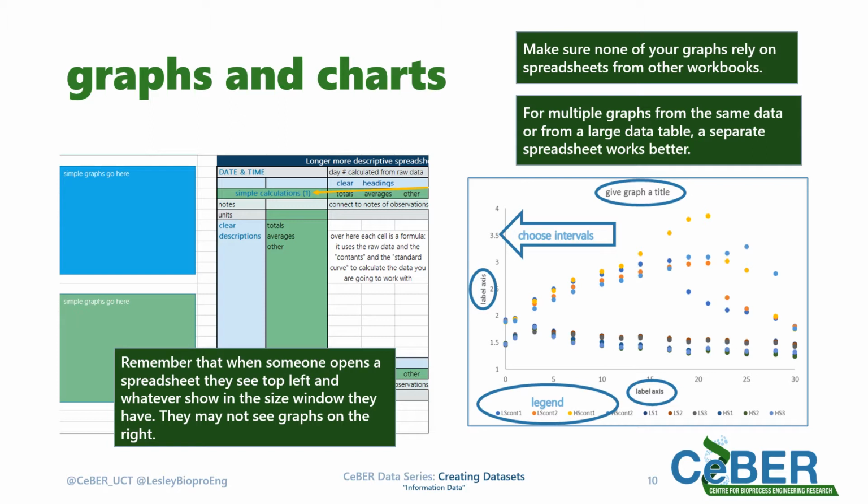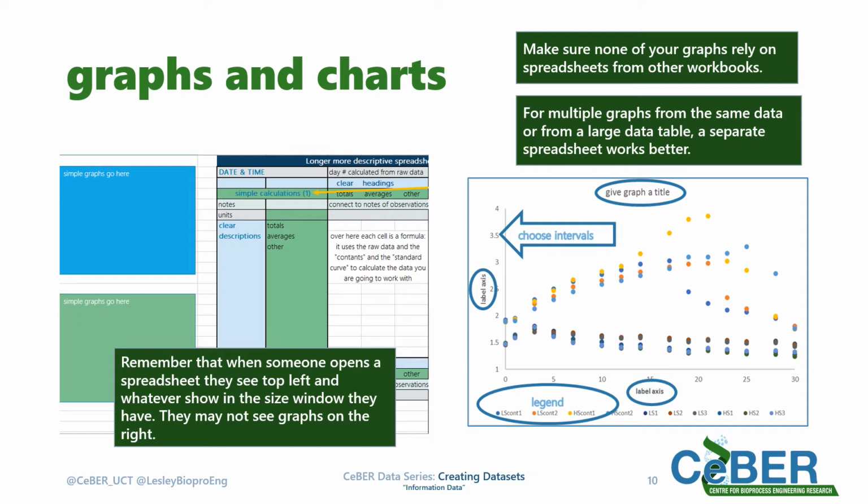But only do simple graphs and charts on the same spreadsheet as your numerical table. If you're going to do multiple graphs or charts, if you're going to do big complex things, rather put them onto a separate spreadsheet and get the information back from the spreadsheet with the numbers on it.